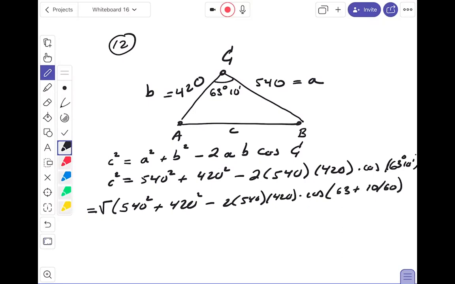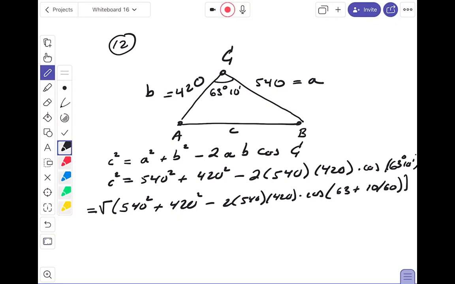I'm going to get my calculator out now and type it in. Make sure I'm in degree mode first, for example. So I'm going to get the square root of 540 squared plus 420 squared, and again, I am touching a calculator, minus 2 times 540 times 420.